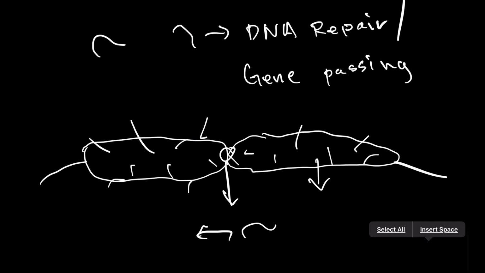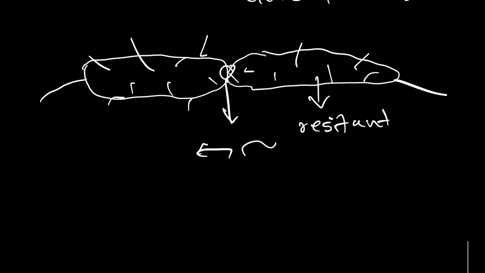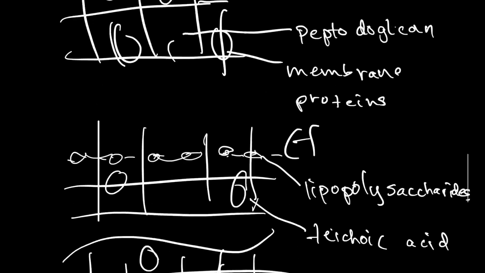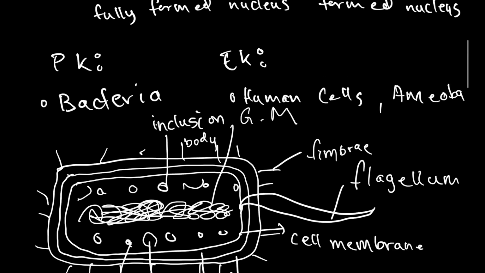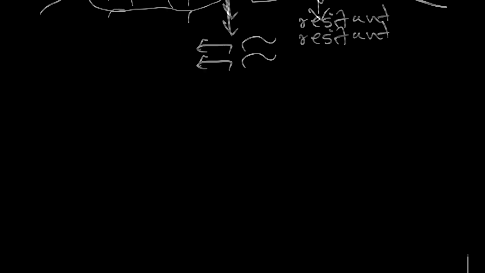Now let's say the right one is antibiotically resistant to a certain drug. Then the gene for that in the plasmid will move over to the other bacteria and give it the same ability. Now let's look at the bacterial inclusion body.